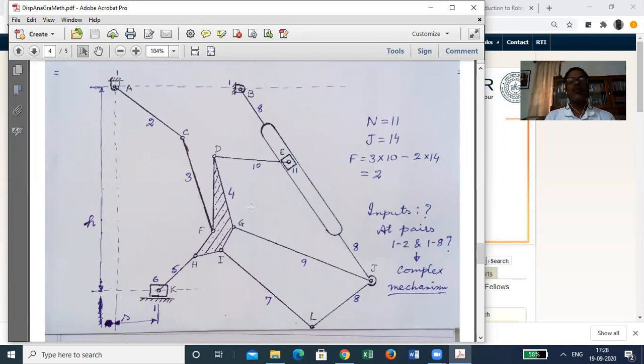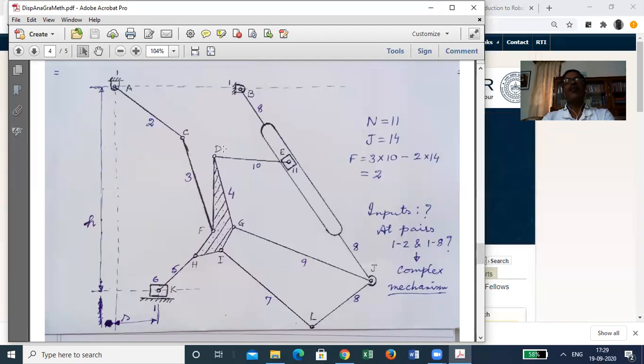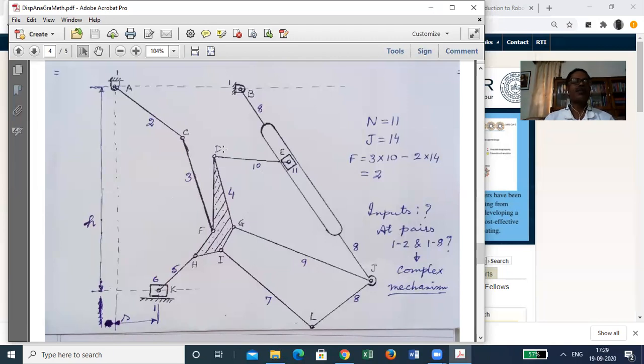And then where to give inputs? Typically, you would require the inputs at this link and this link. I mean, I should not say you would require because it is not necessary, but typically that would be convenient because if the actuators are mounted near the frame, near the base, then the entire dynamic performance is better for the machine.